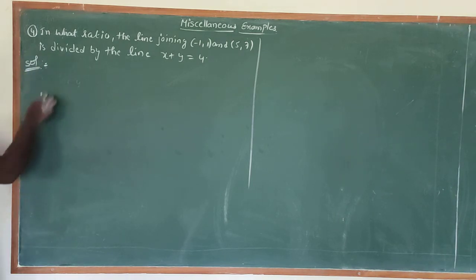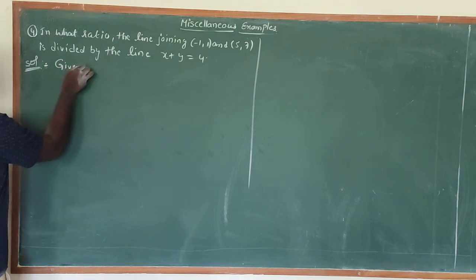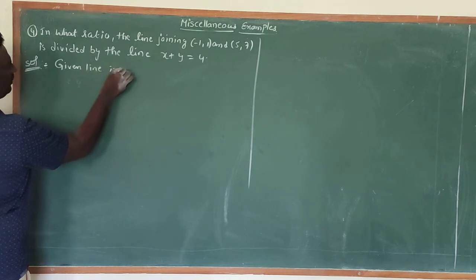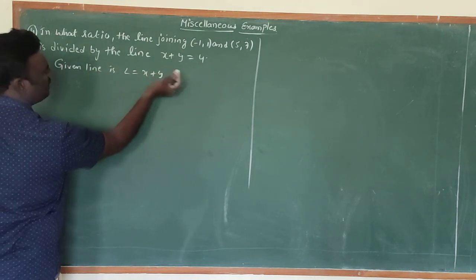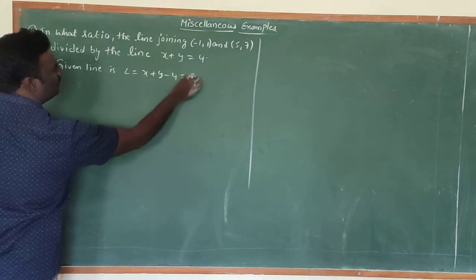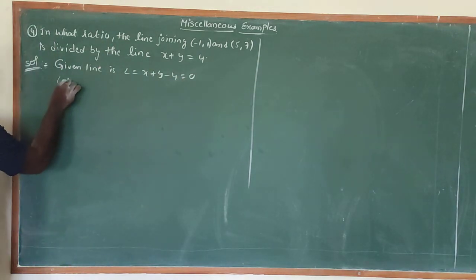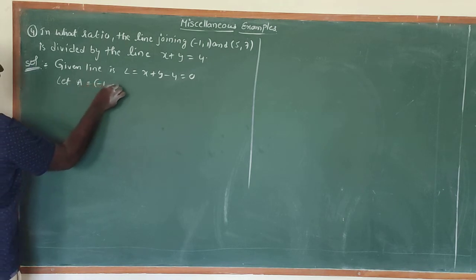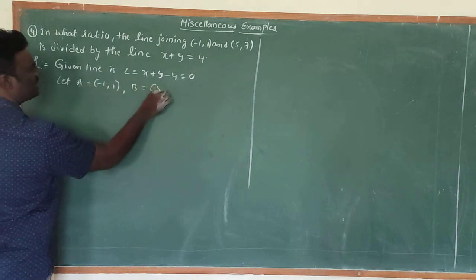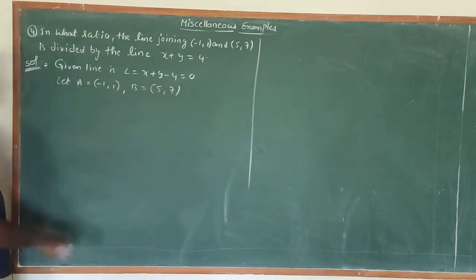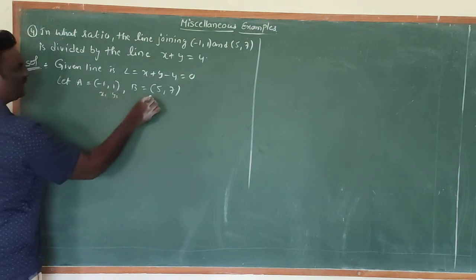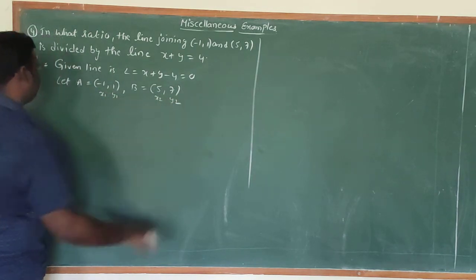Okay. Given line is L equals x plus y, this 4 comes to this side, minus 4. Now two points are given, first point is capital A, second point is capital B, and this is (x1, y1) and this is (x2, y2).